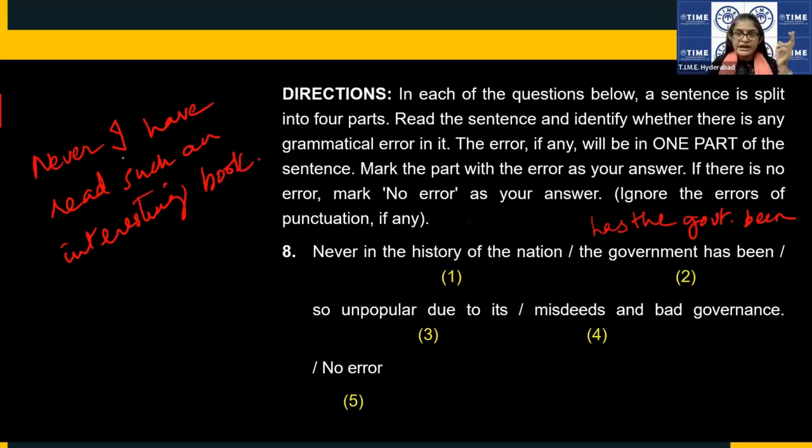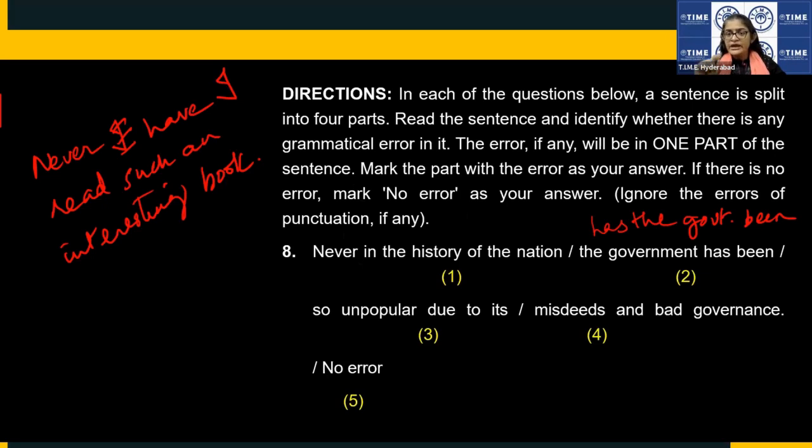No. Never have I read. In a normal sentence, you will say, I have read or I have never read. Right? I have never read such an interesting book. But in this kind of construction, when you put never in the beginning for emphasis, then you use a technique called inversion. I have becomes have I.